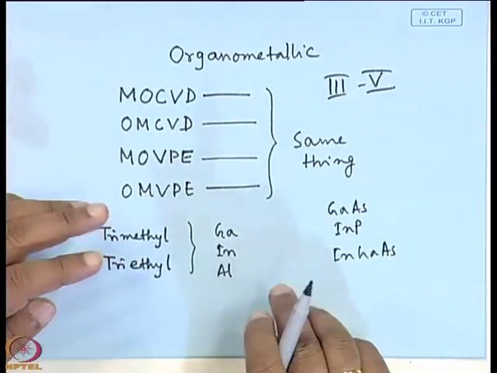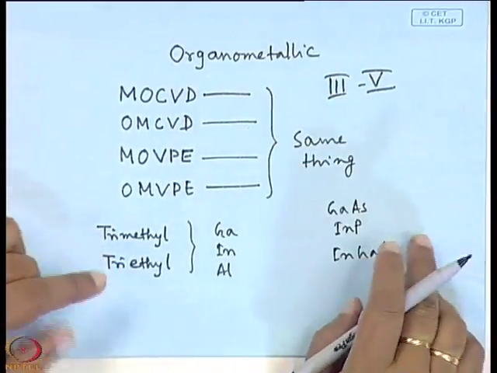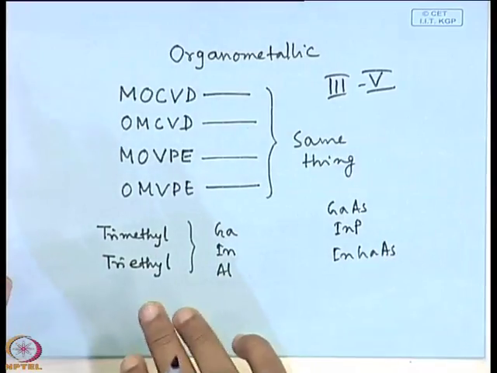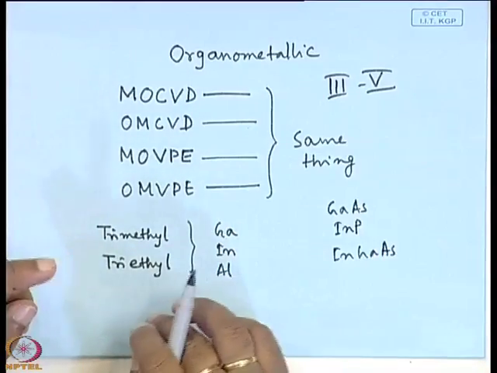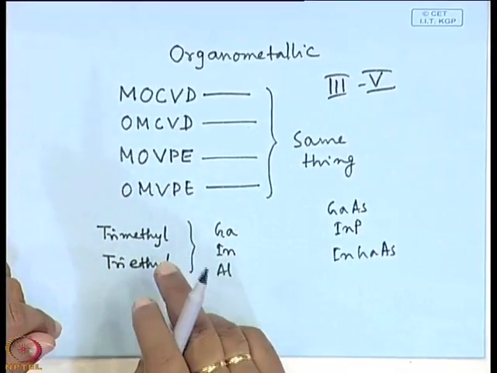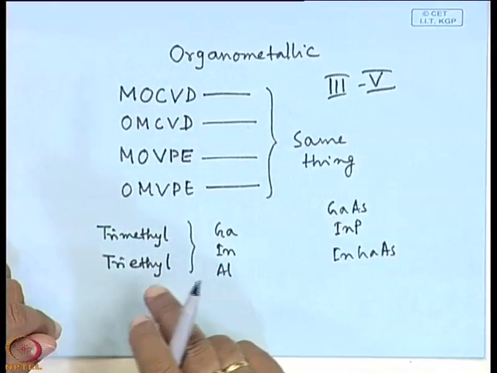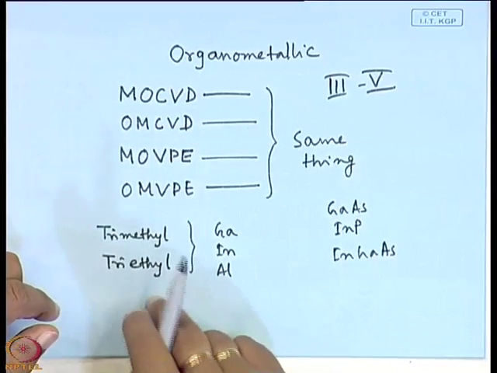That means any combination of group 3 and group 5 elements of the periodic table. In group 3, what are the materials? Gallium, indium, aluminum. In group 5, what are the elements? Arsenic, phosphorus, antimony. So, those things you can use because very good organometallic precursors are available.